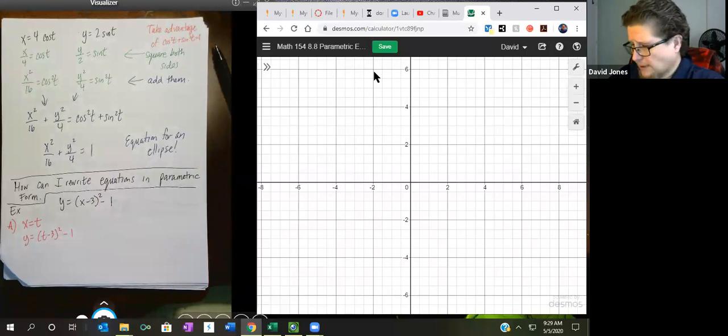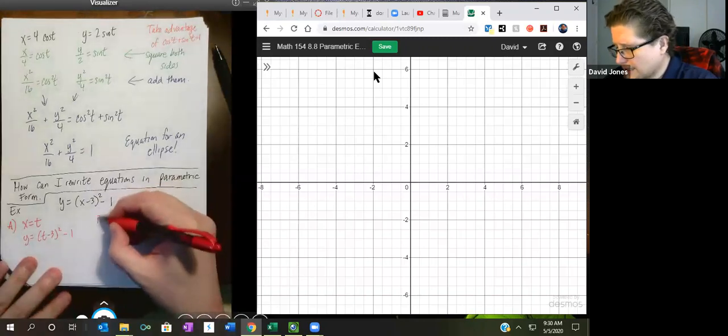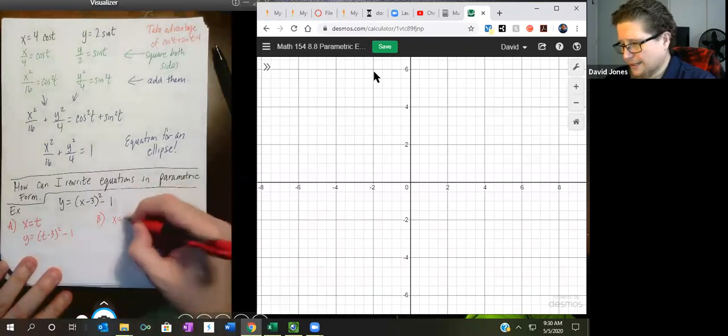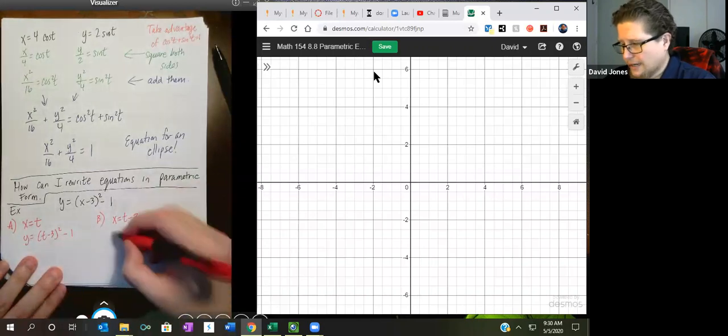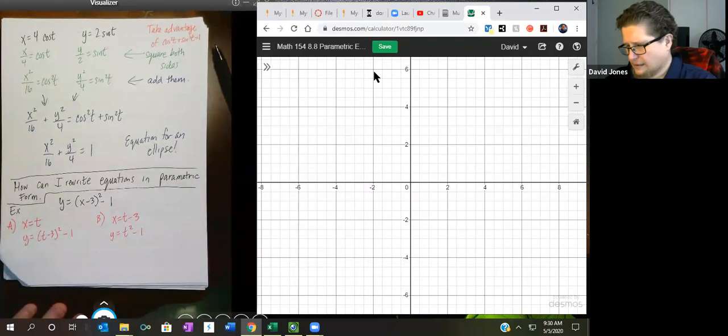Okay. Another common way of doing it is to use the interior and set that to t. Let x equal t minus 3, and now y equals t squared minus 1.